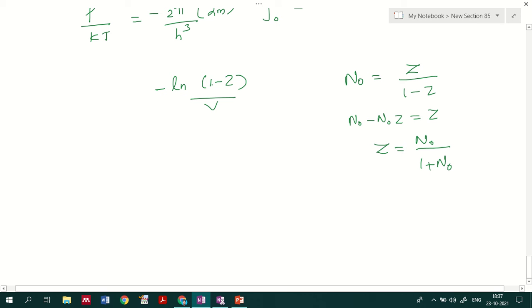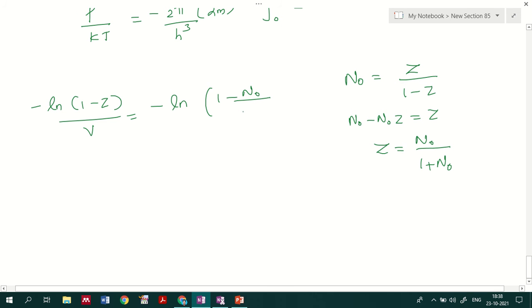So minus ln(1 minus z) by V becomes minus ln(1 minus n0 divided by 1 plus n0), divided by V.